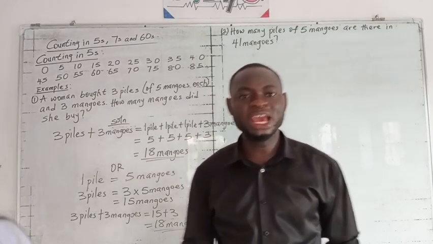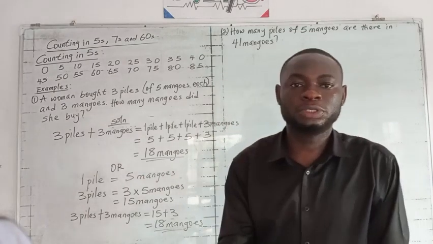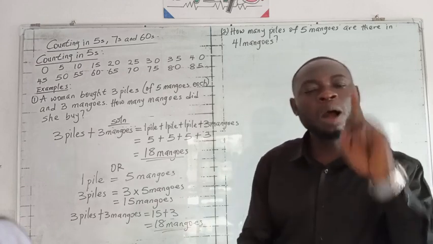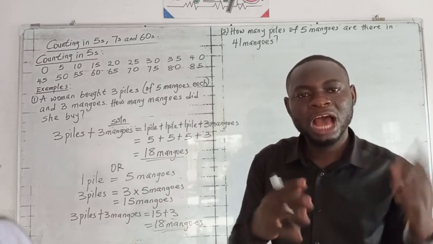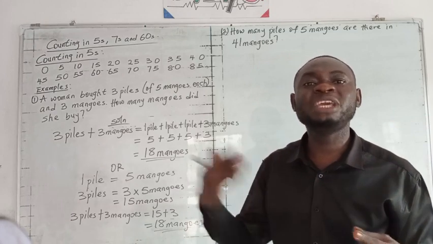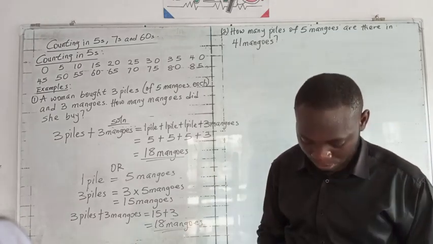But here we have the number of mangoes, and we are being asked, if one pile has 5 mangoes, how many piles of mangoes will we get with 41 mangoes?